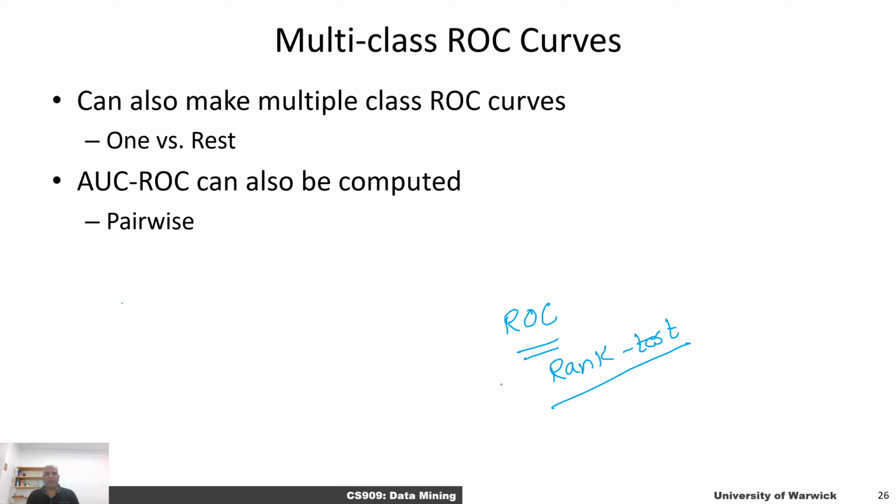So if you've got two different classifiers and we want to analyze their performance, we can construct the ROC curves for those classifiers, calculate the area under them, and use that to identify which of the two classifiers, or features, for example, is better than the other. Okay, thank you.